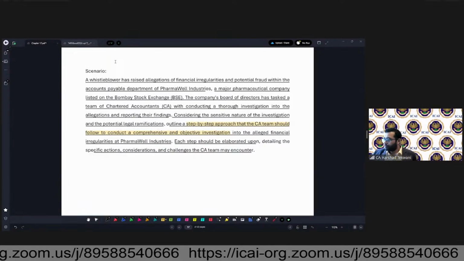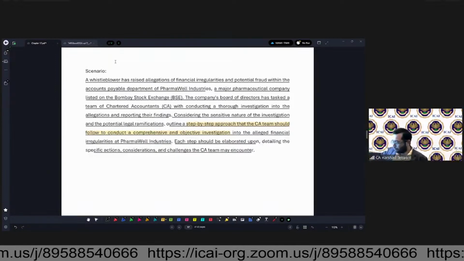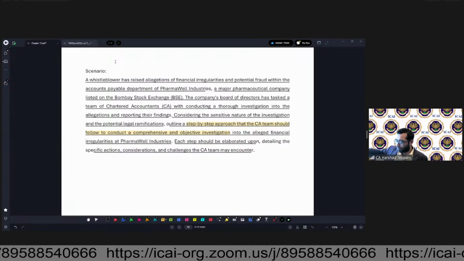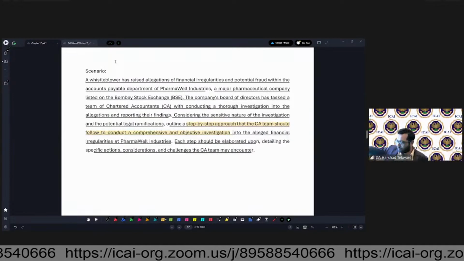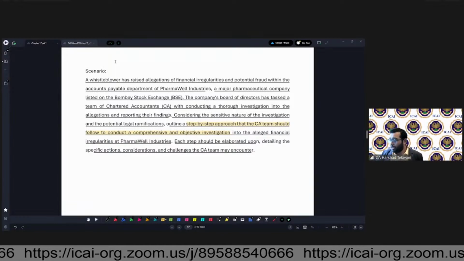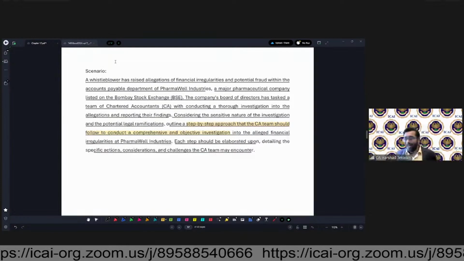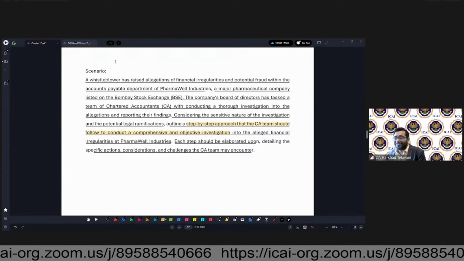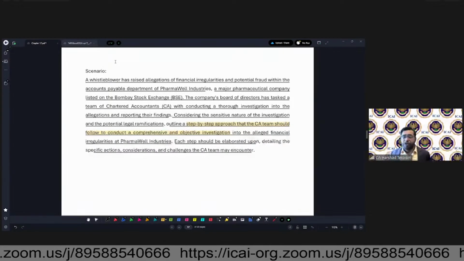Step-by-step approach. Yes, Abrakesh. Okay. What else will you do? If I ask you how will you do the investigation, the step-by-step process, how will you do it?